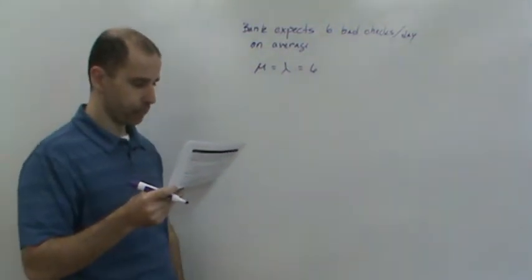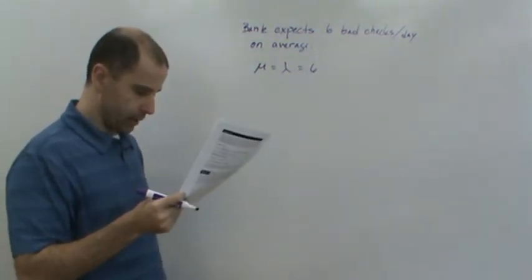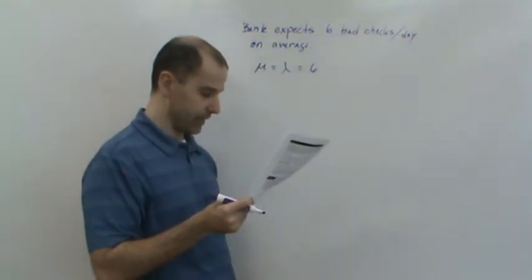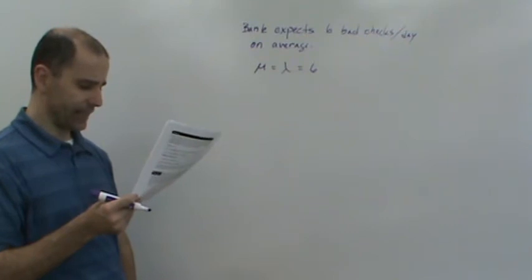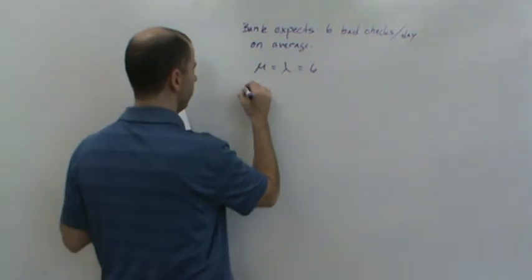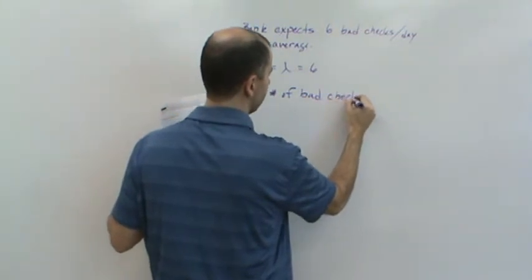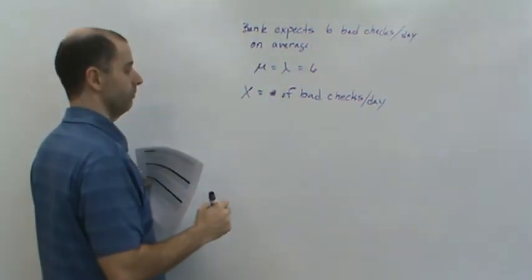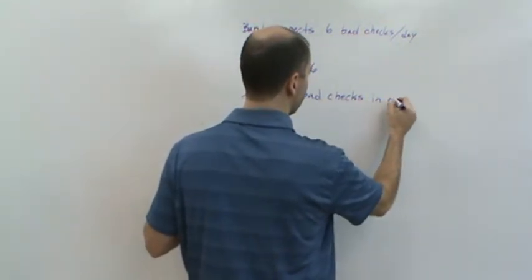Okay, so now, what do we want? Of interest is the number of checks the bank receives in 1 day. So the time interval of interest is 1 day, just like I said. Let x equal the number of bad checks the bank receives in 1 day, right? So x is the number of bad checks in 1 day.